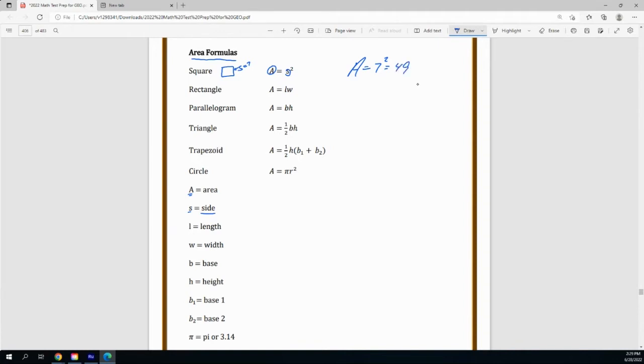Now, here's something to take note of. It would be 49, whatever units it's given in, whatever those units are, feet, centimeters, meters, yards, whatever, it would be squared. Now, they may use a little 2, or they write SQ, and they usually abbreviate it like that. Usually it's one or the other.